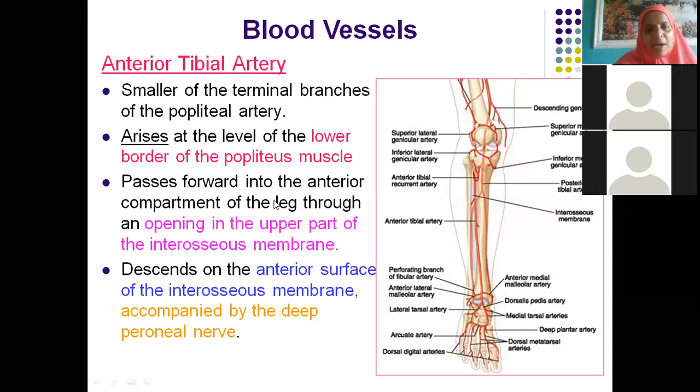So it passes forwards into this anterior one, no? That's why it is coming in front. Okay? In front of the interosseous membrane, descends on the anterior surface of the interosseous membrane accompanied by deep peroneal nerve. Arrangement we know, no beta? Dirty, never dirty places. The hospitals are never. That means artery is medial, nerve is lateral.